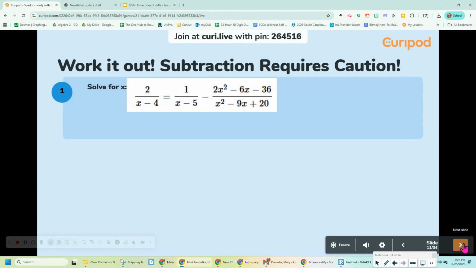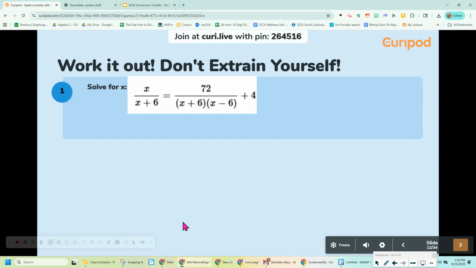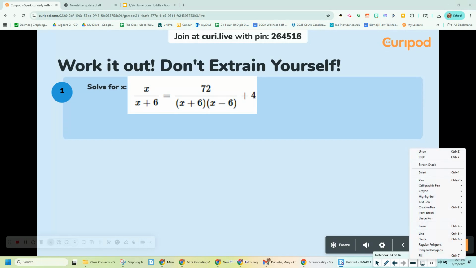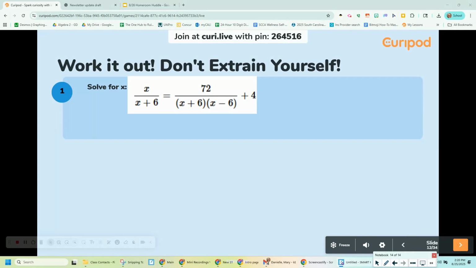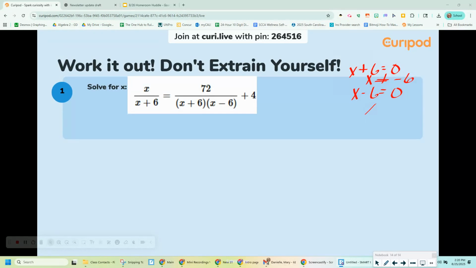All right, now let's work this one out. Hint, hint. It says don't extrain yourself. I'm going to remember this time to do the denominators. x plus 6 equals 0 and x minus 6 equals 0. So x cannot equal negative 6 and x cannot equal positive 6. Those would make them undefined.